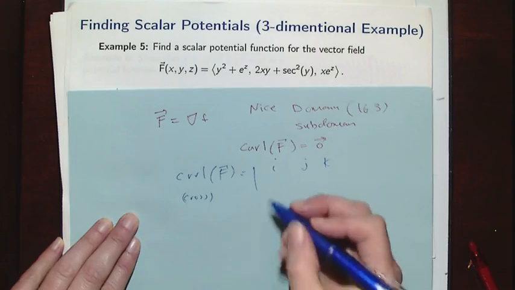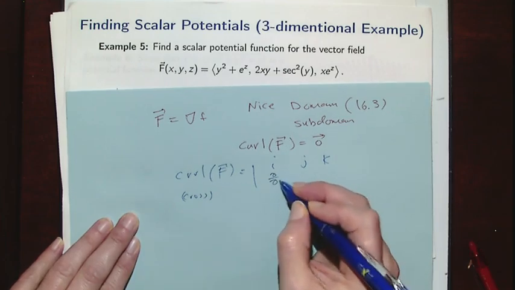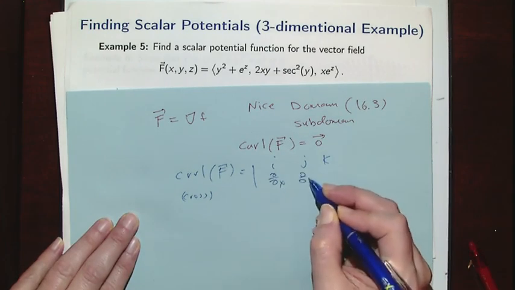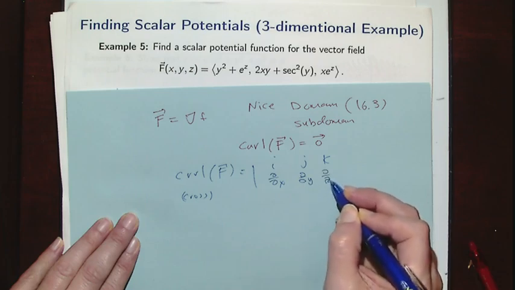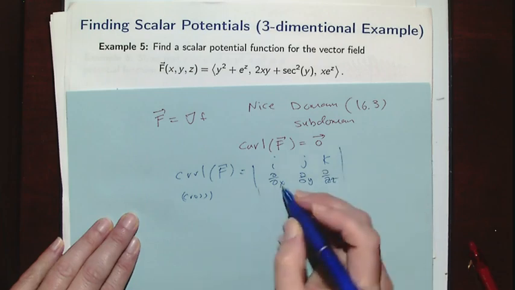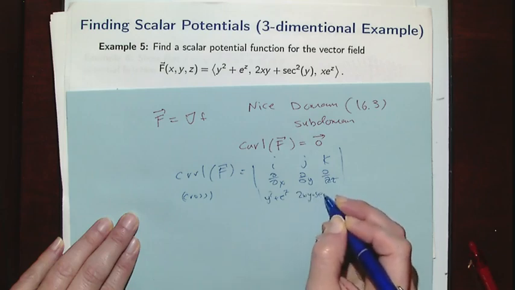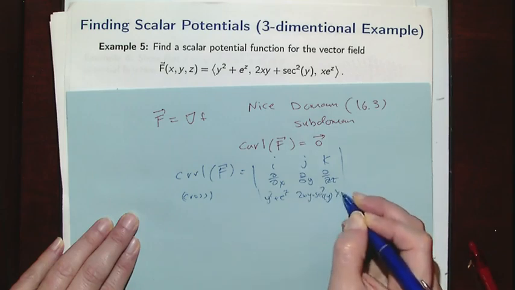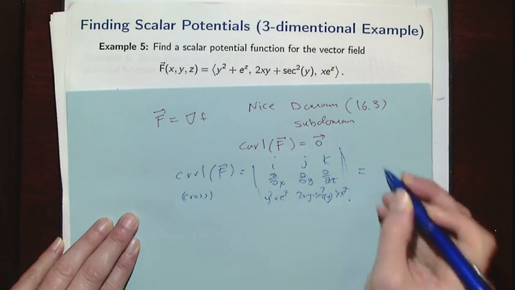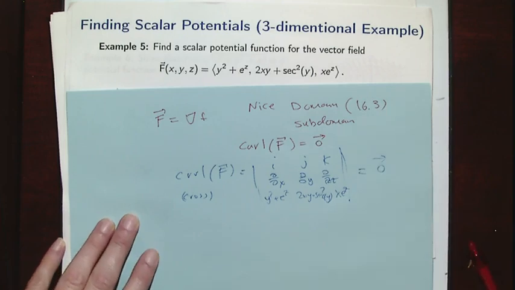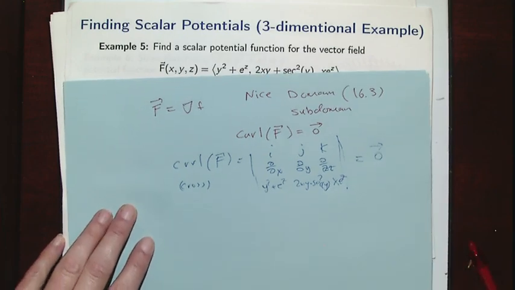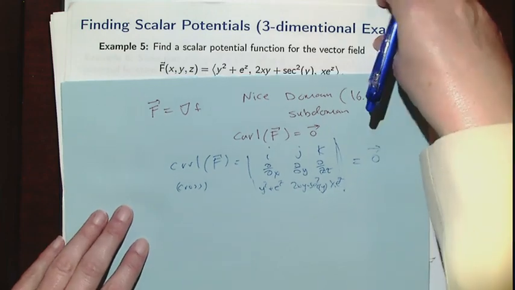Divergence comes with dot. And so I will have the nabla, which is just a partial operator. And then y squared plus e to the z, 2xy plus secant squared of y, x e to the z. You guys try this and you end up with a 0 vector. Homework.